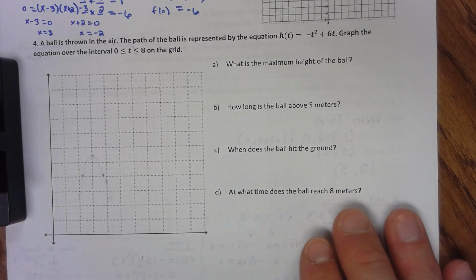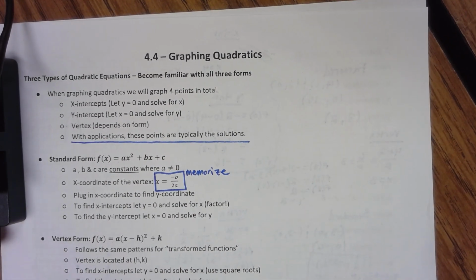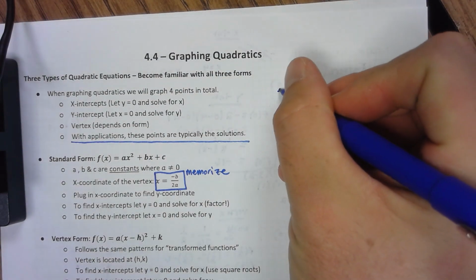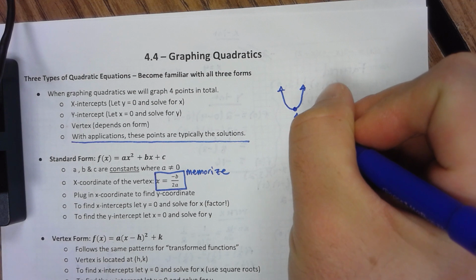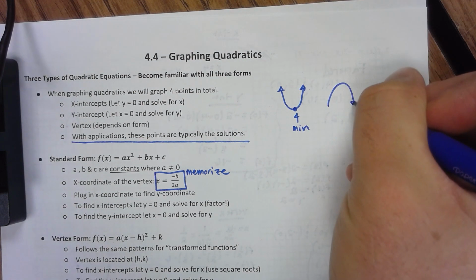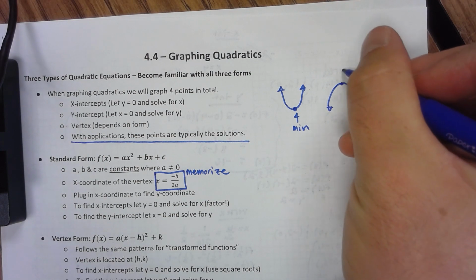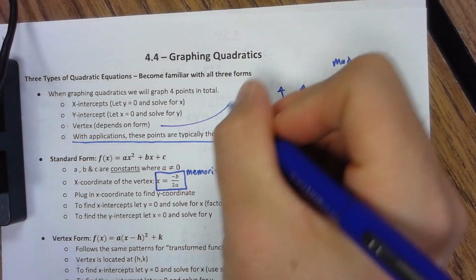Now, there's one key thing that I want us to add into the front here. So go back to the front page of this. And when we talk about vertexes, because quadratic graphs either open up and have a minimum or open down and have a maximum, these are also the vertex points.